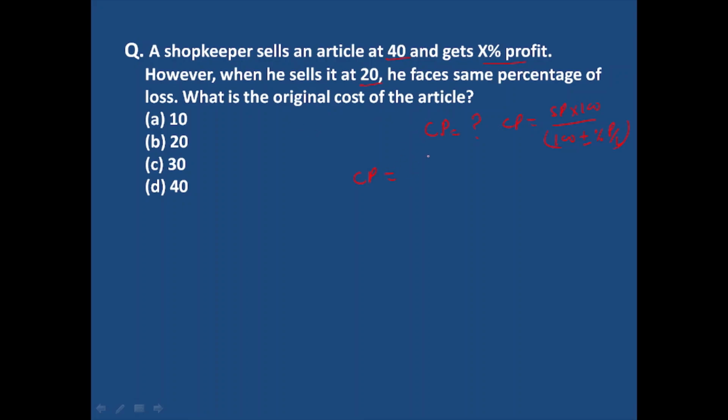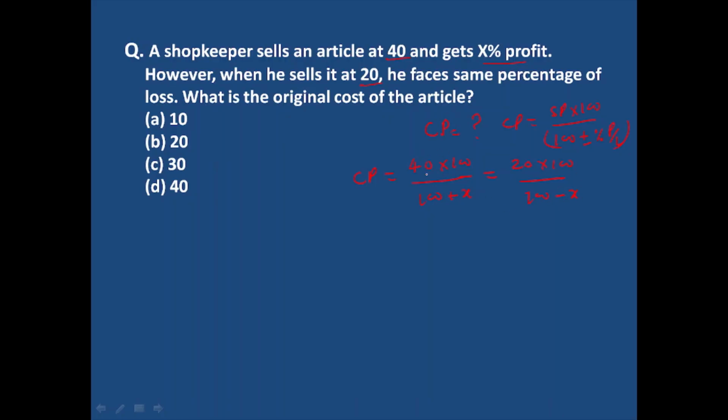The first SP is 40 into 100 divided by 100, and there is a profit of X%, so we add X. Next, SP is 20 into 100 divided by 100 minus the same percentage of loss X.